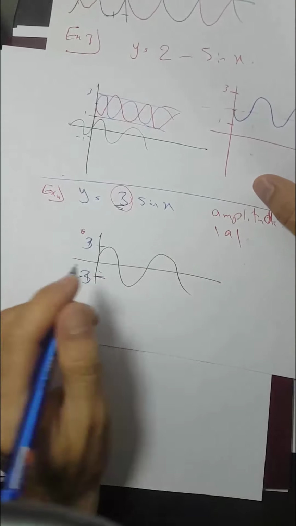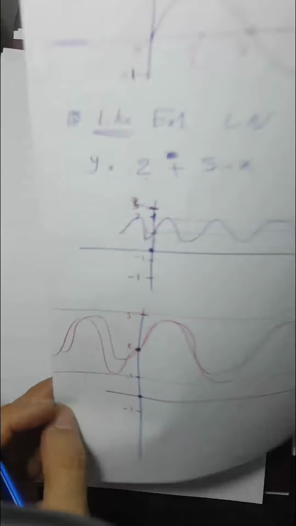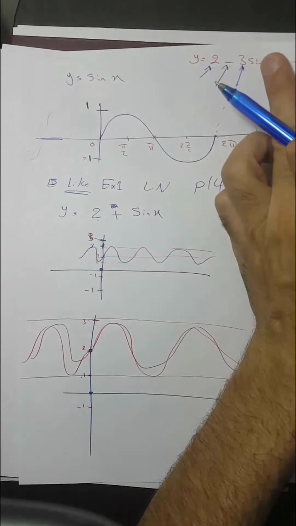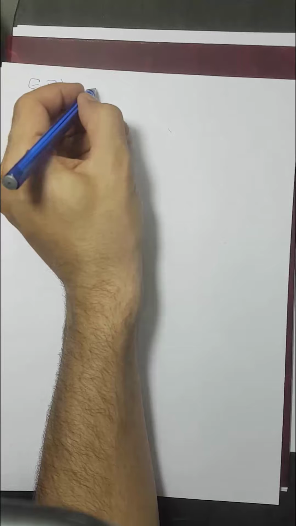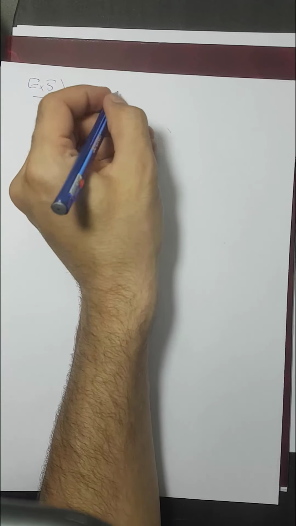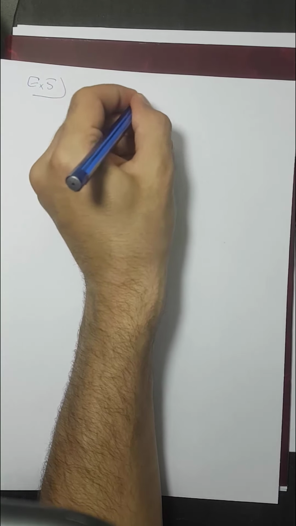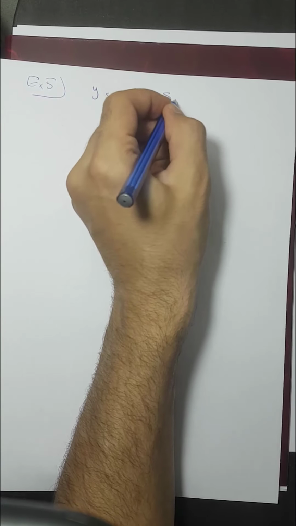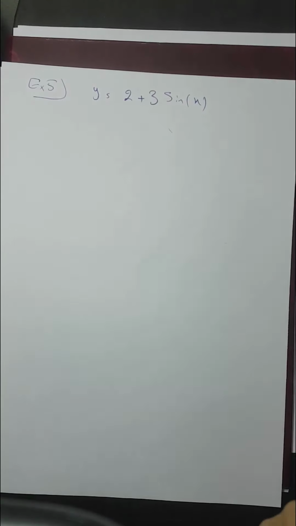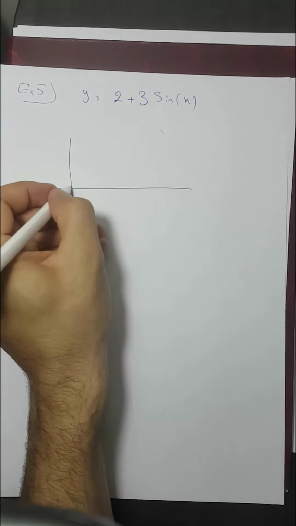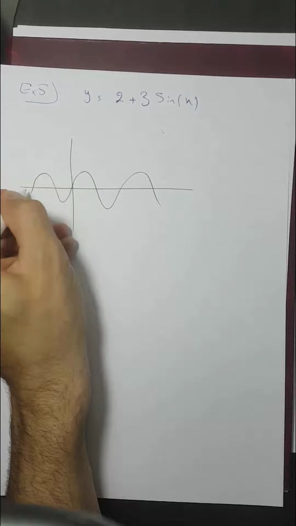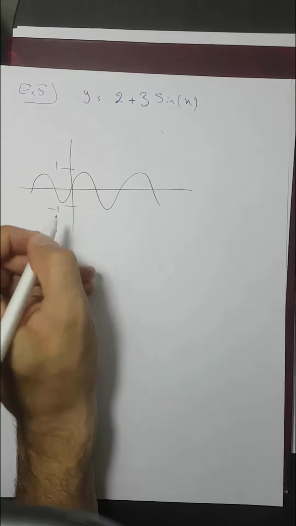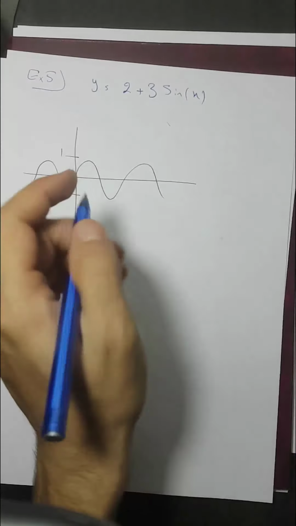So now in example 5, I will mix all of them. If I have y is equal to, for example, 2 plus 3 sine of x, I say this is my original graph. Every time I'm sketching the original, because if I don't know the original, how can I manipulate?